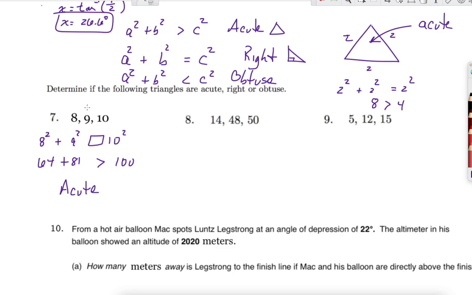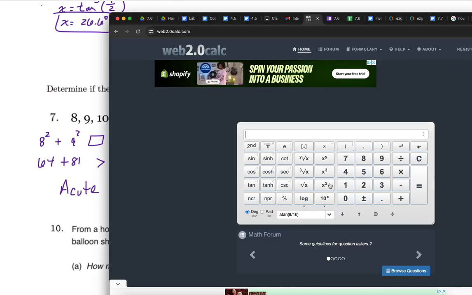this triangle. And we can think these numbers are almost like an equilateral, right? They're not exactly the same, but they're pretty close. Next, 14, 48, and 50. So we do 14 squared plus 48 squared, and we're checking to see how that compares to 50 squared.